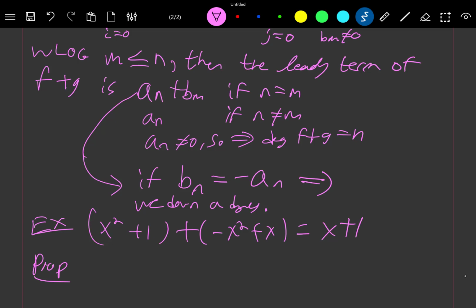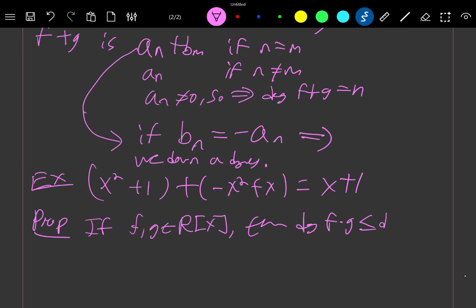When we multiply, if I have two elements here, then the degree of f times g is going to be less than or equal to the degree of f plus the degree of g.